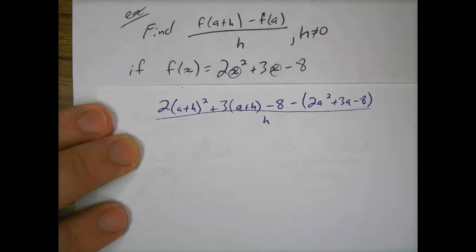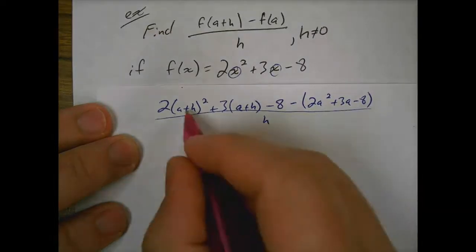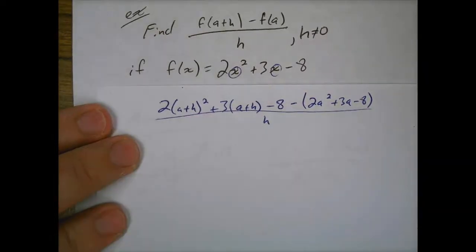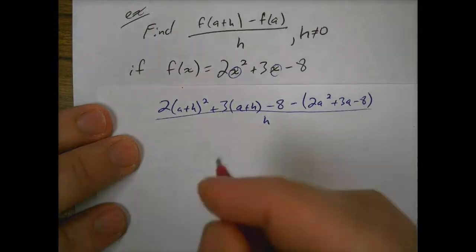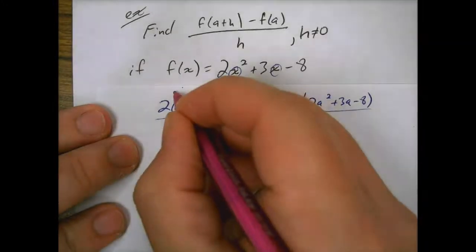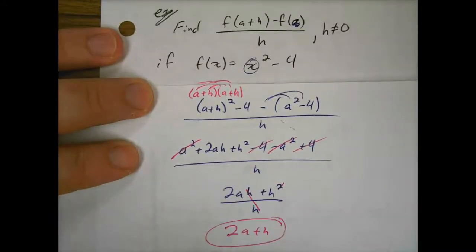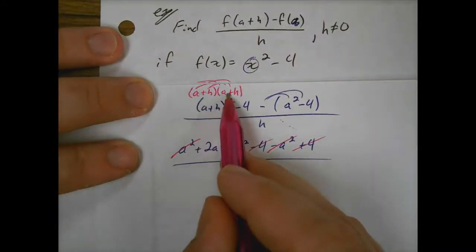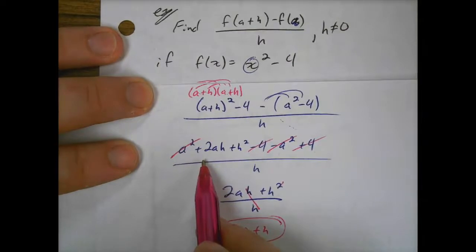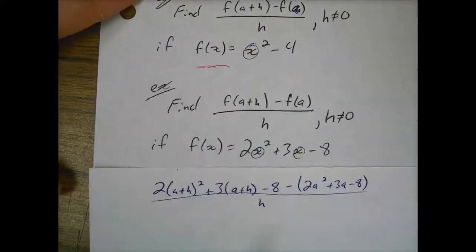So again, a plus h squared is still going to be a squared plus 2ah plus h squared. Remember that's when we multiply out, and we did this with the last one. Same sort of thing is going to happen.